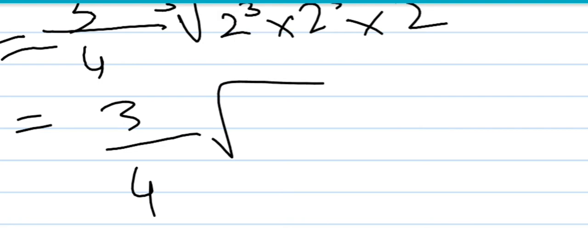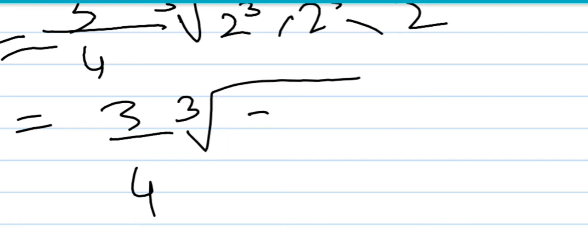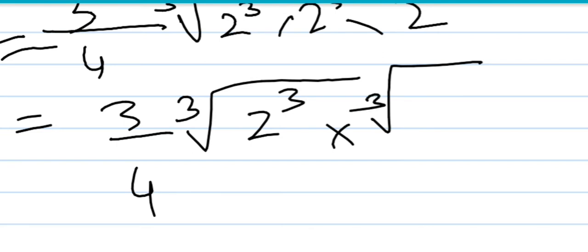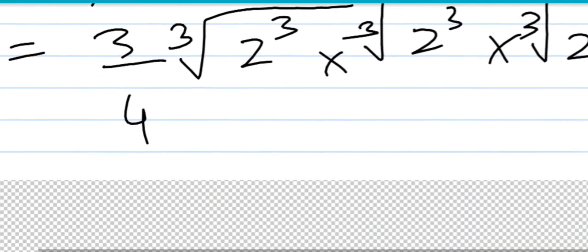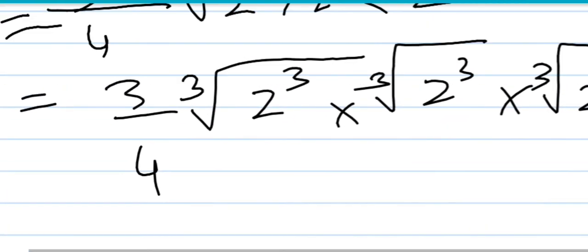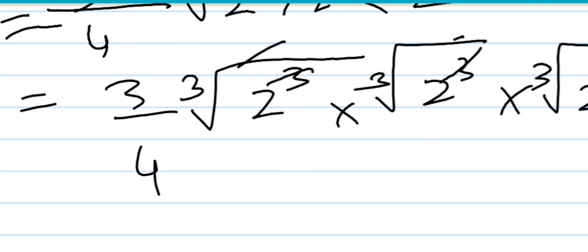3 divided by 4 into cube root 2 cube multiply cube root 2 cube multiply cube root 2, and cube root will cut with cube.